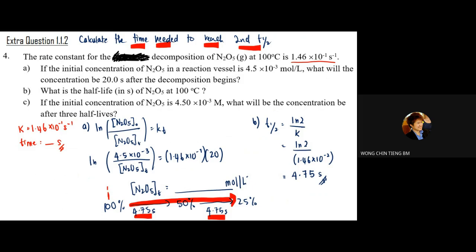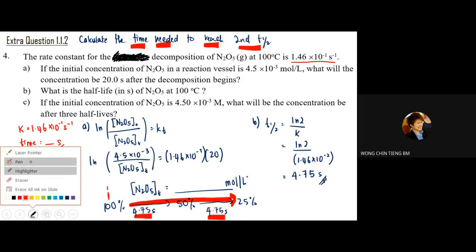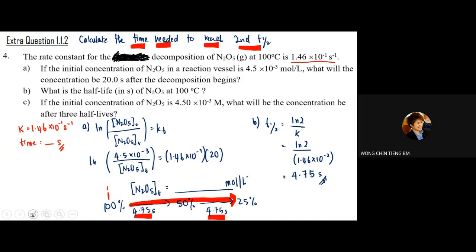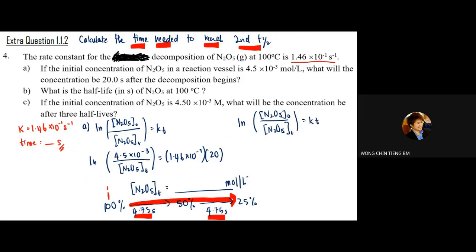Okay, so how do you find the concentration? How do you find the concentration? Integrated. Okay? Alright. Let me erase a little. You use integrated. And why use integrated and not the rate law?